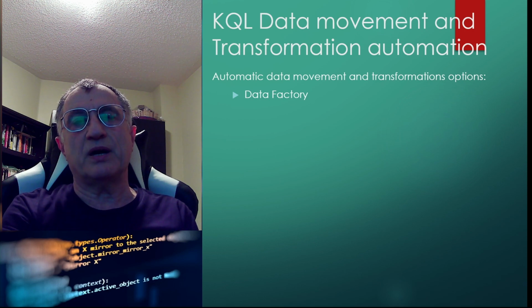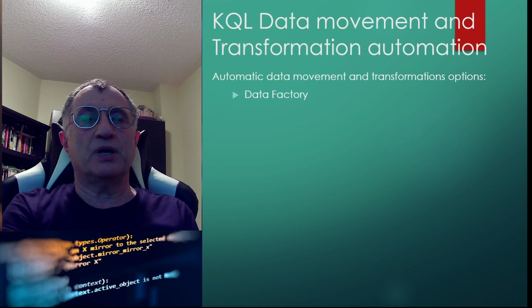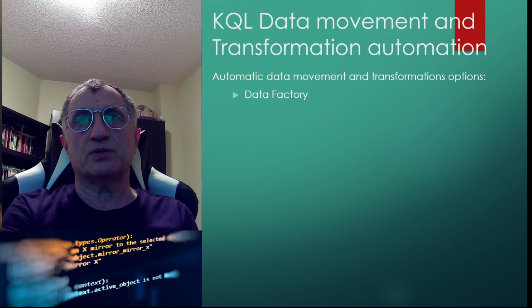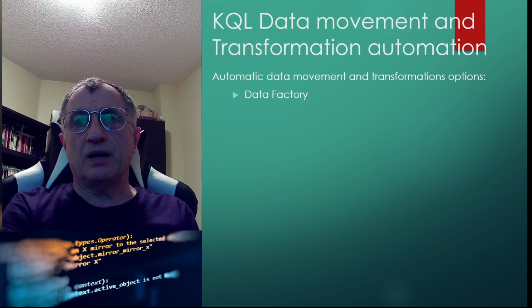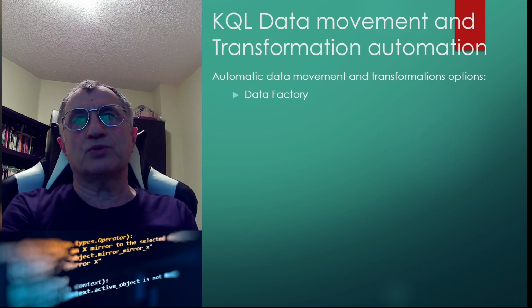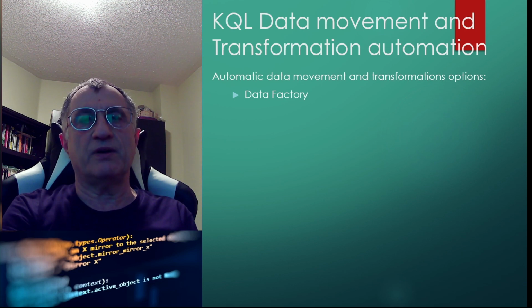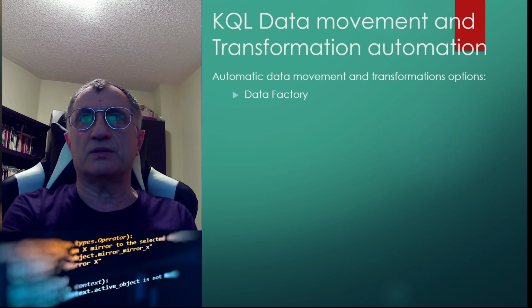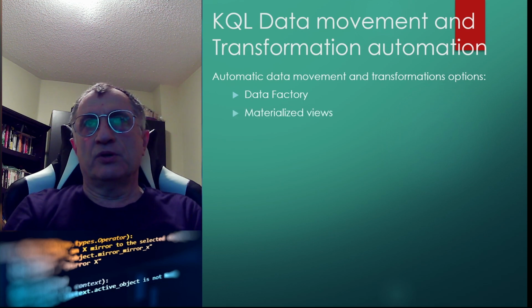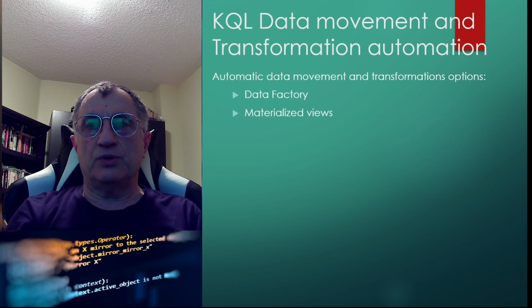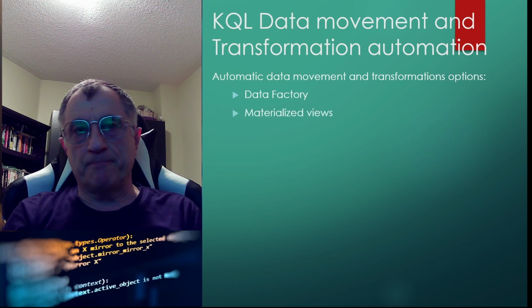You can call Spark notebooks from there. You can call stored procedure, SQL stored procedure from there. You can also run KQL commands from Data Factory that I'm going to demonstrate shortly. You can also create materialized views within KQL database.